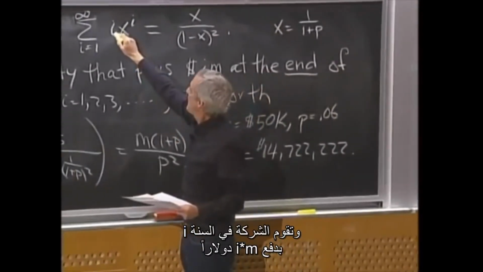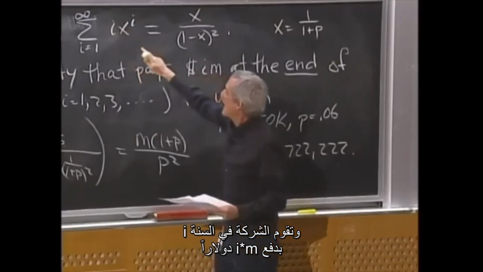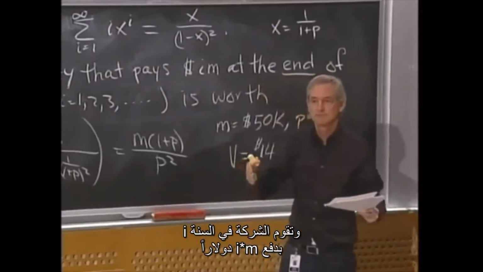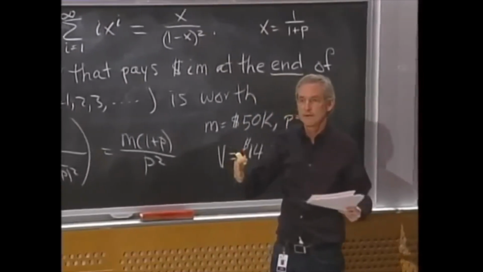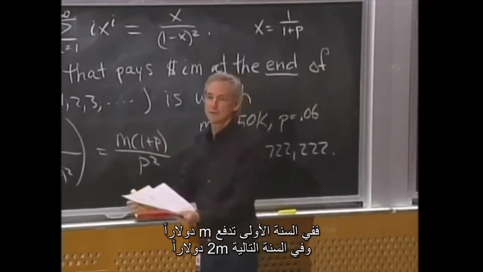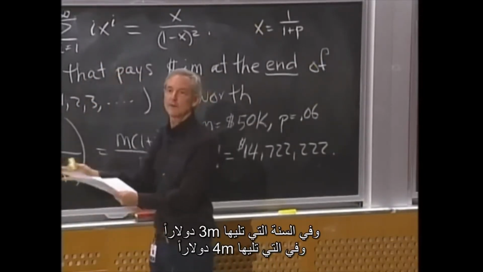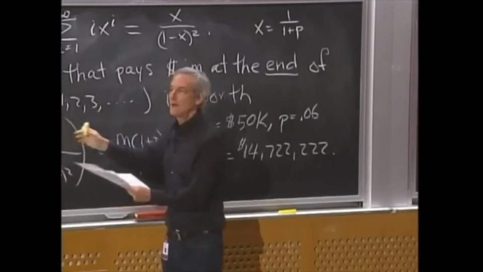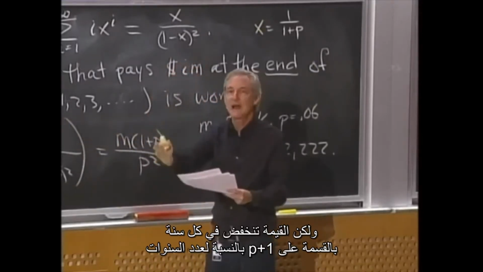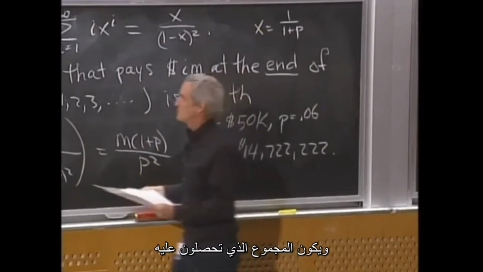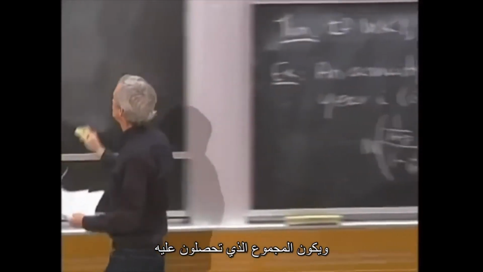And in the ith year, it's paying im dollars. So the first year it pays m dollars. The next year 2m. The next year 3m. The next year 4m. But every year you're knocking it down by 1 over (1 plus p) to the number of years.